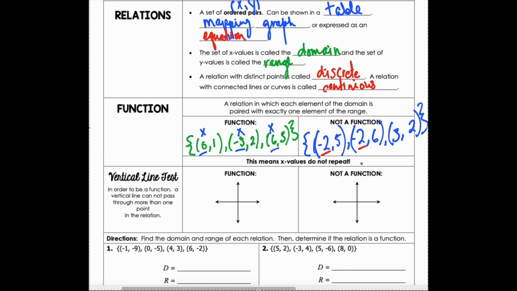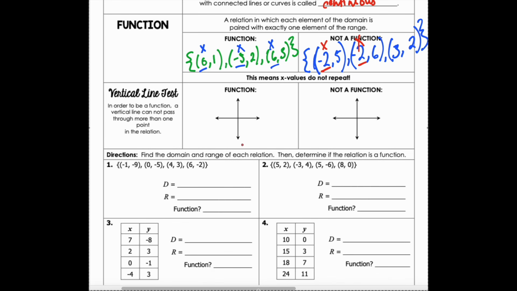So that doesn't make sense. That cannot work as a function. The rule should be the same. Anytime you put in one number, you should have the same number coming out. So that is one reason why this isn't a function. And you never want to repeat your x values when we talk about functions, okay? These need to be different inputs each time.